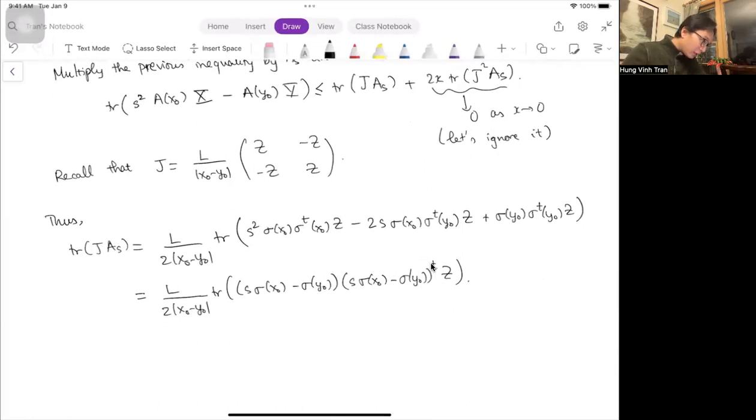Let's call this one M. So M is non-negative definite.